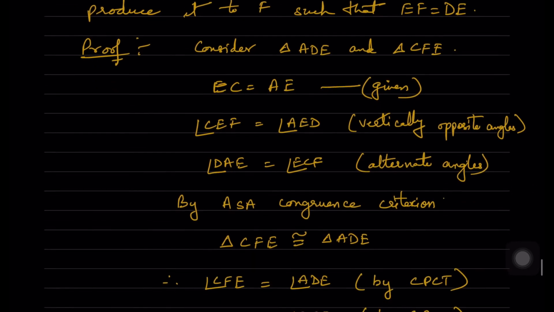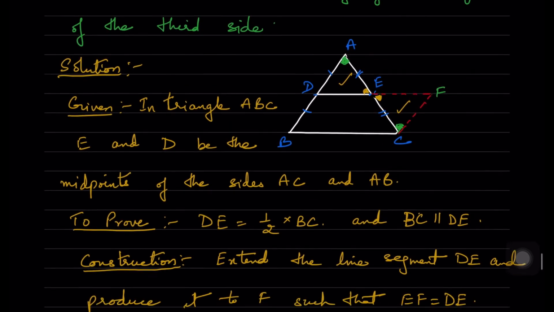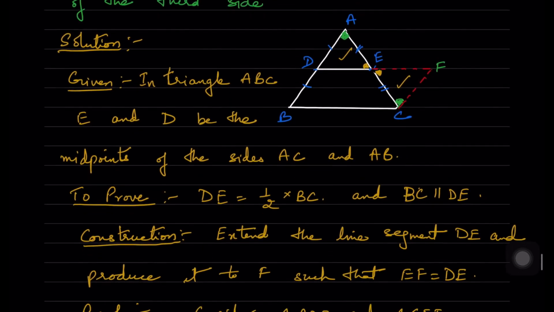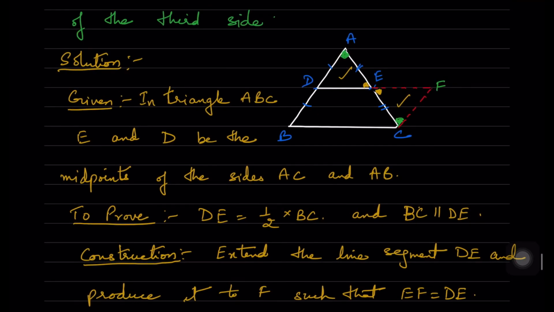So by the ASA congruence criterion, we get that triangle CFE is congruent to triangle DAE, or ADE. Therefore you have angle CFE is equal to angle ADE. That means we are proving this angle is equal to this by CPCT. That is only the one angle, and we can also tell that DE is equal to EF. This is also from one of the conditions.